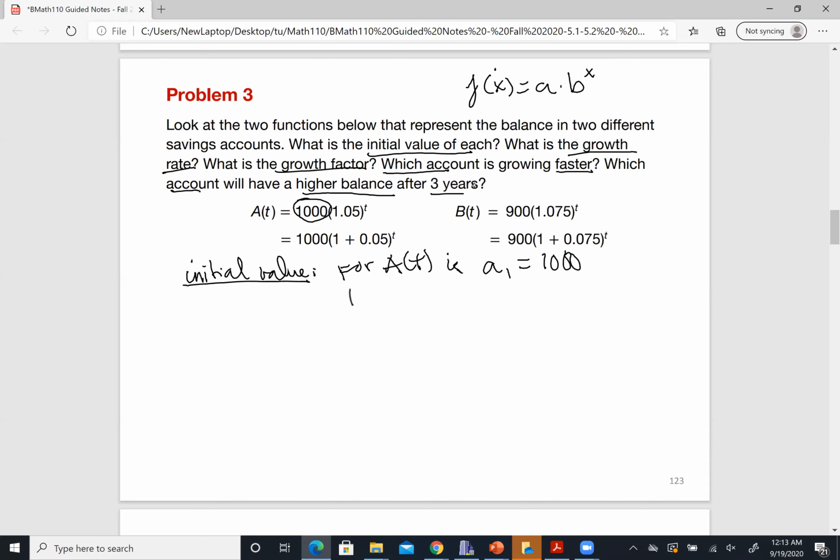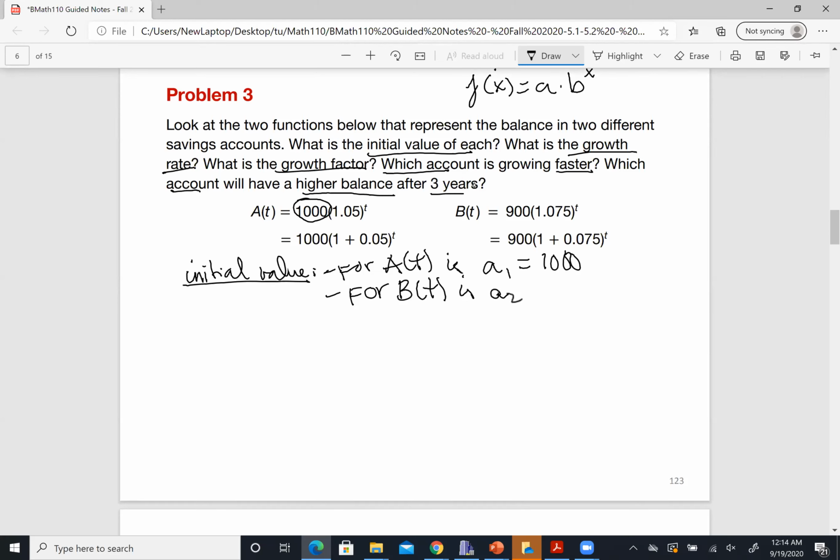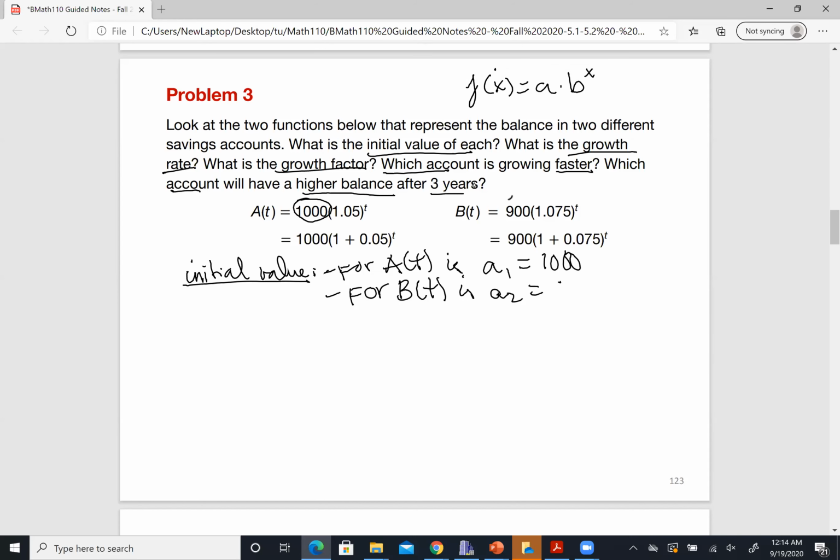And for B(t), a2 equals 900. See that? That is the initial value easily.